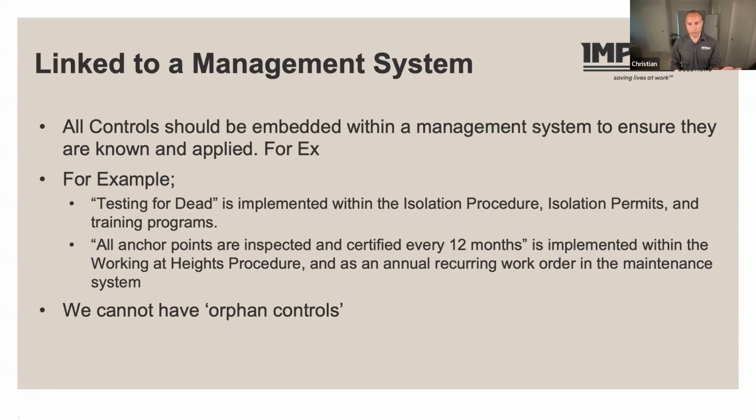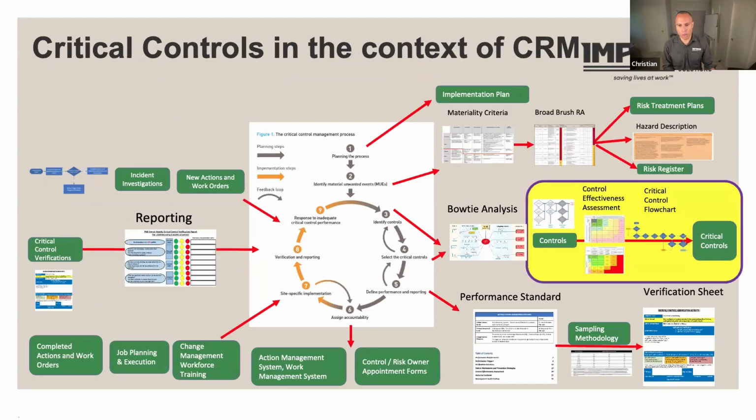Okay, so we talked about controls. Again, this one isn't around critical controls, but it's important for us to call out and recognize that we've only talked about the definition of a control here in the context of bow tie. This is the whole critical risk management framework, which I can't unpack. There's also some other things we normally do inside the bow tie to get to this point of critical control, such as effectiveness assessments.